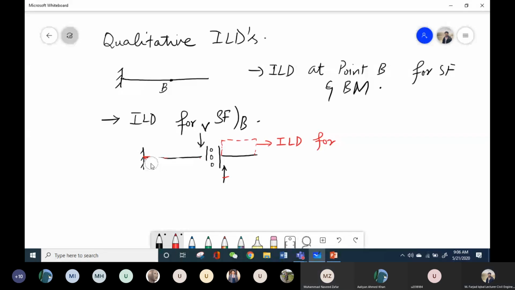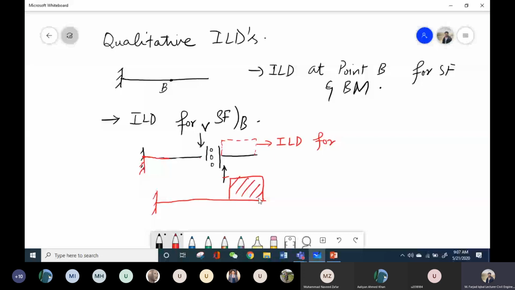For this end, this beam won't have any kind of displacement, and the final shape of the ILD will be something like this.